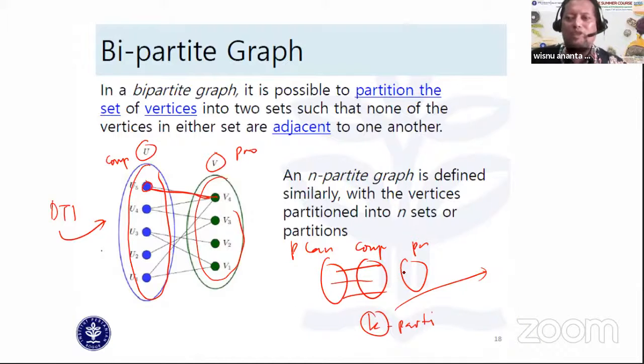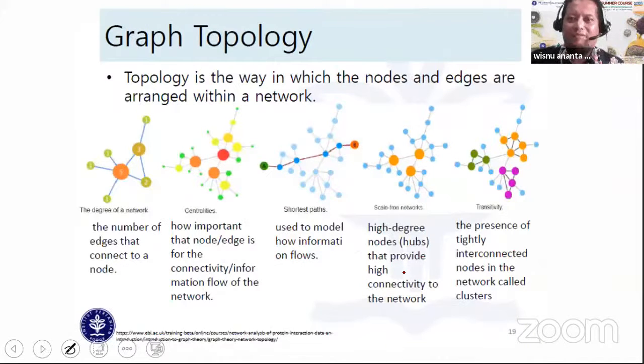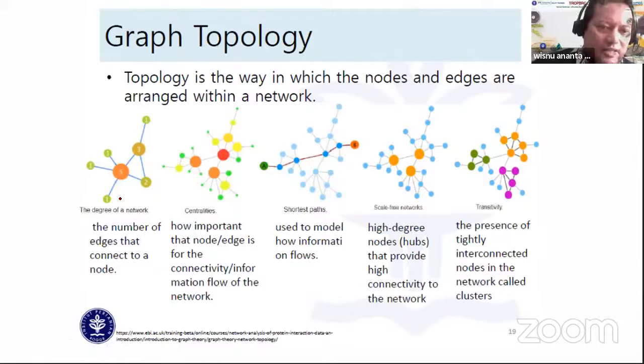And in a graph, we also have a topology here. Topology is the way in which the nodes and links are arranged within a network. For example, degree of a node is the number of links that connect to the node. For example, this node 5 has 5 degrees, 1, 2, 3, 4, 5.